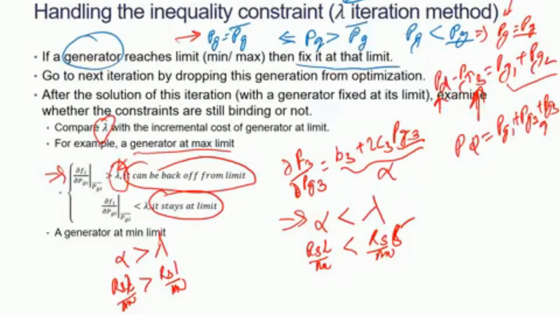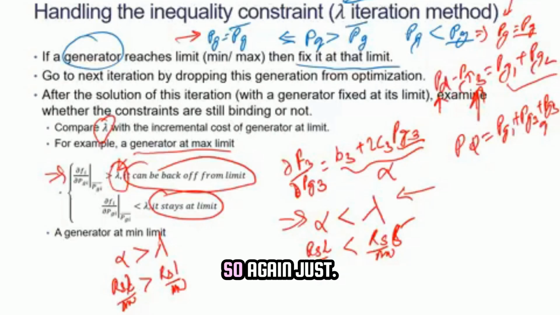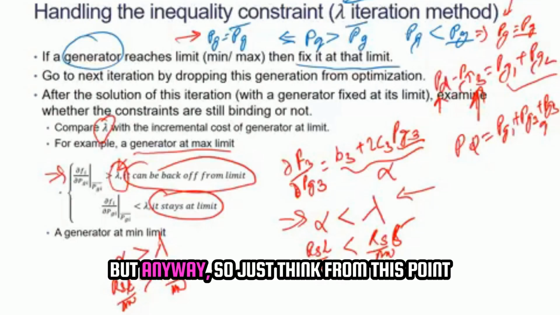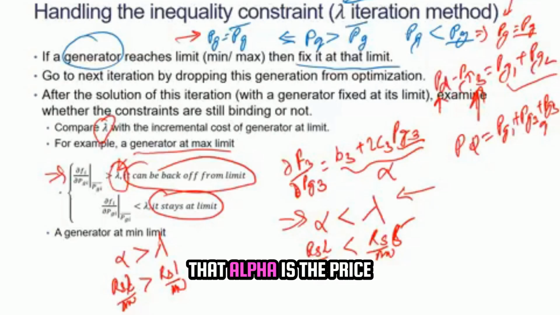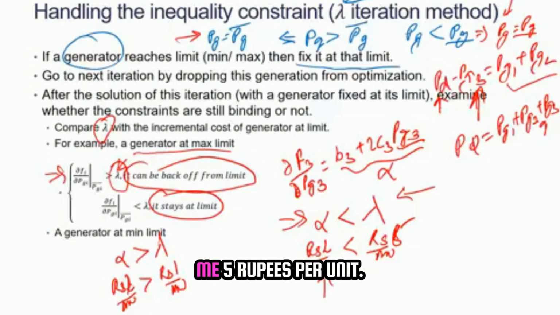So it will remain at its lower limit, when alpha is less than lambda. So again, just think from this point that alpha is the price which I'm asking as a generator. So I want 2 rupees per megawatt, and I am happy with that. Now system operator is offering me 5 rupees per unit.